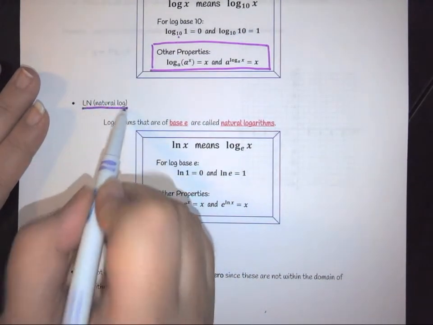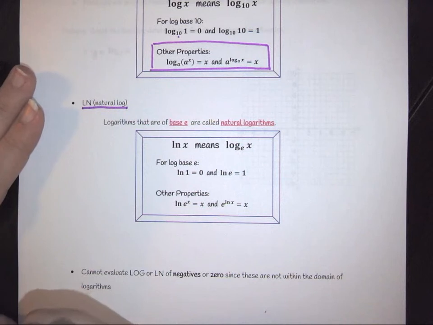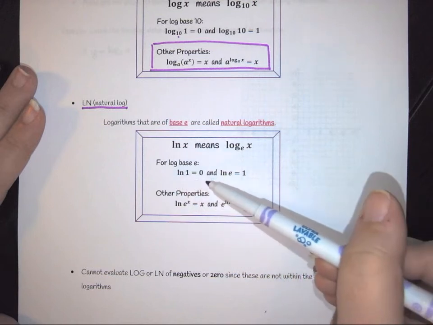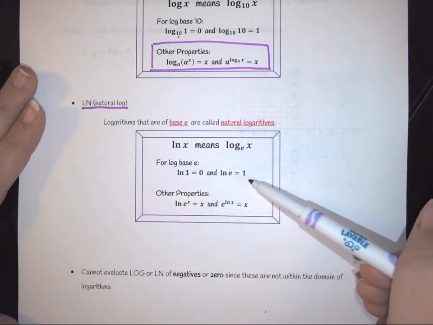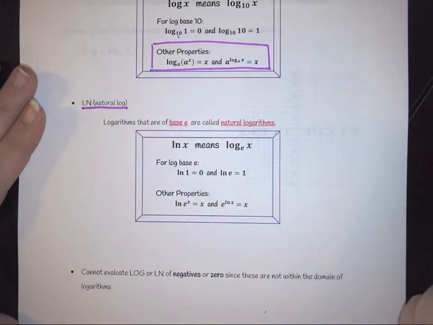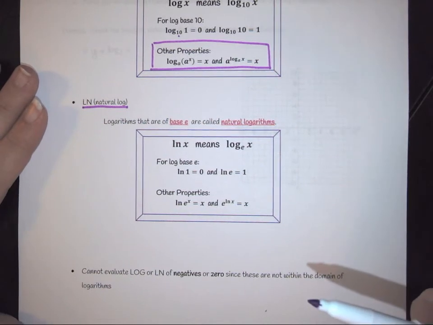The natural log, or the ln button that we have, is essentially log base e. Again, the natural log of 1 will give you 0, and the natural log of e will give you 1. Those are the same two properties that we've talked about before.